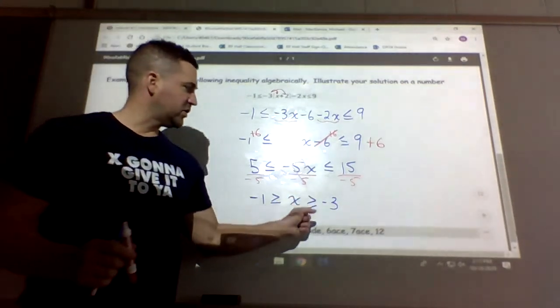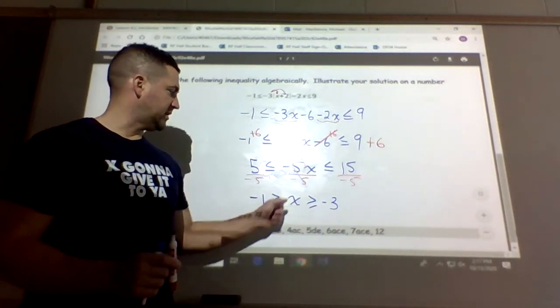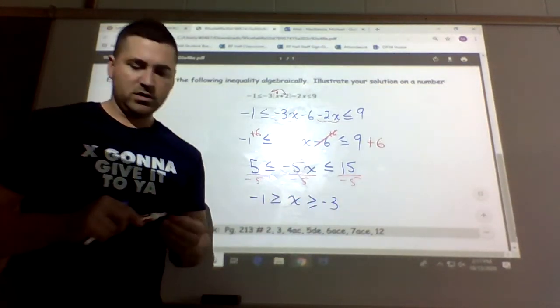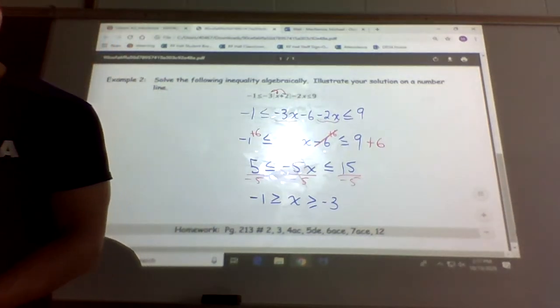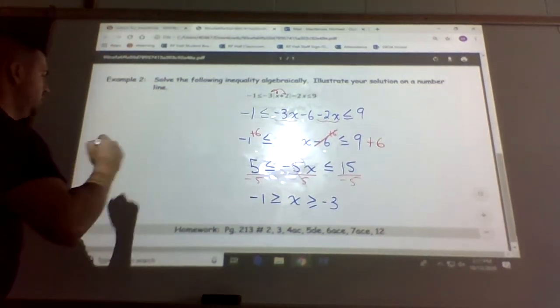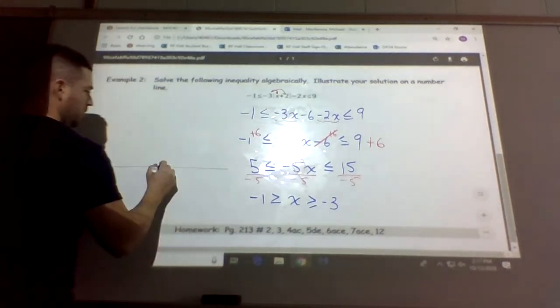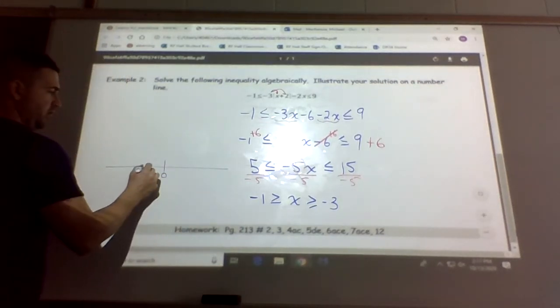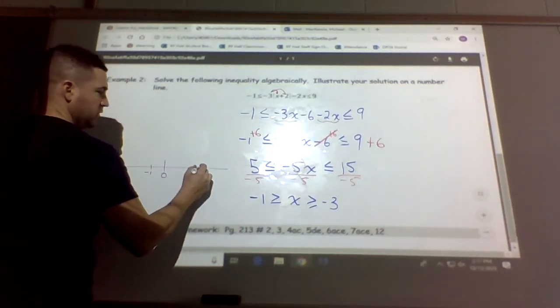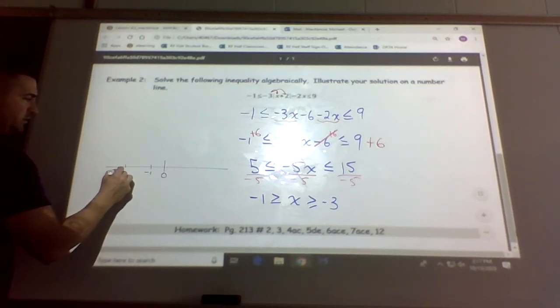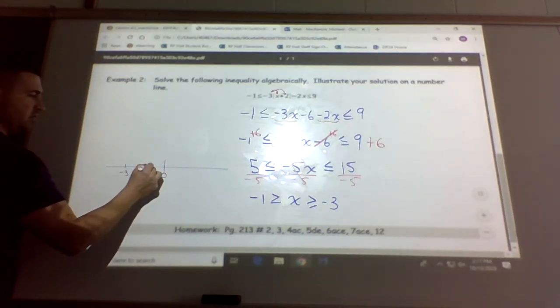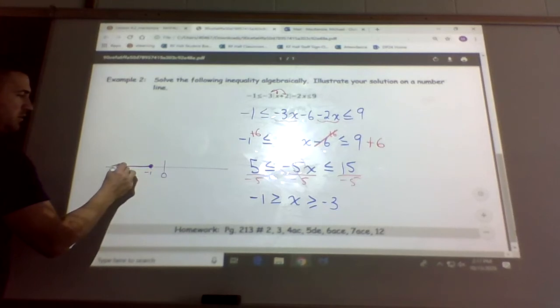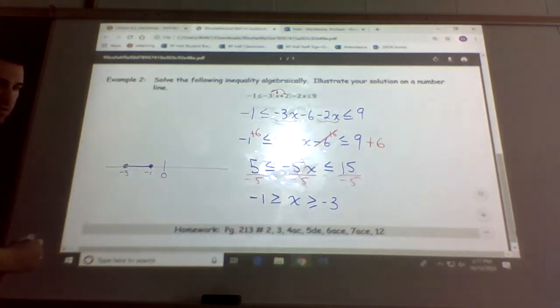So x is larger than or equal to negative 3, but less than or equal to positive 1. So on a number line, we go from negative 1 to negative 3. So we have from here to here. And that would be the full answer.